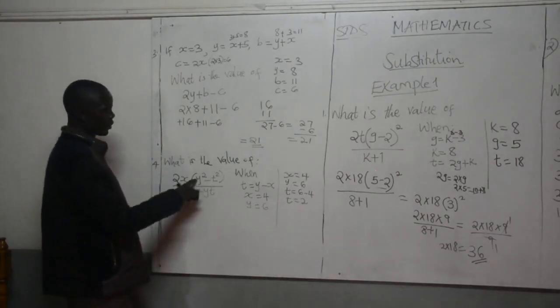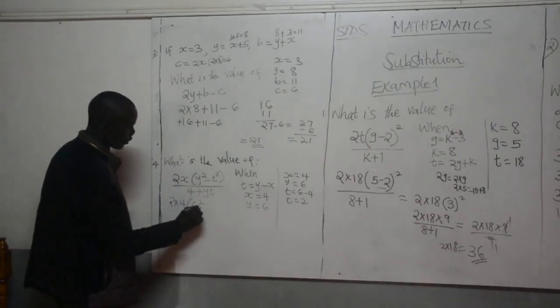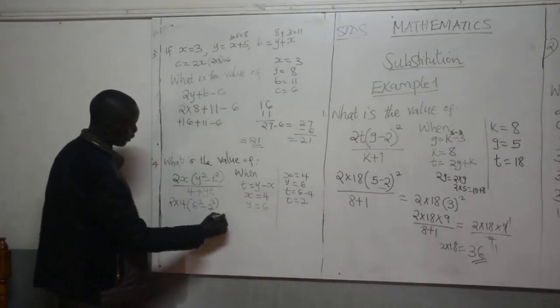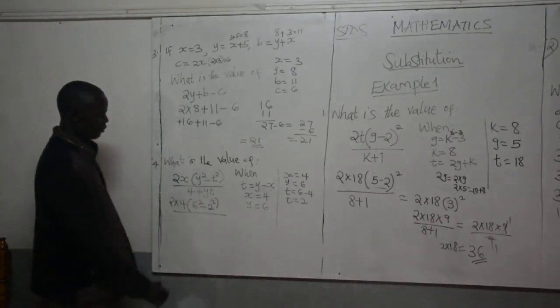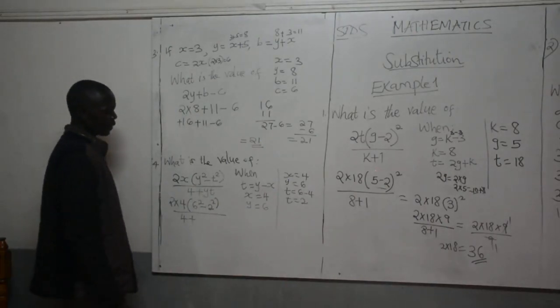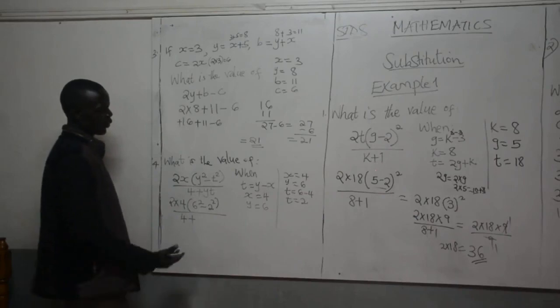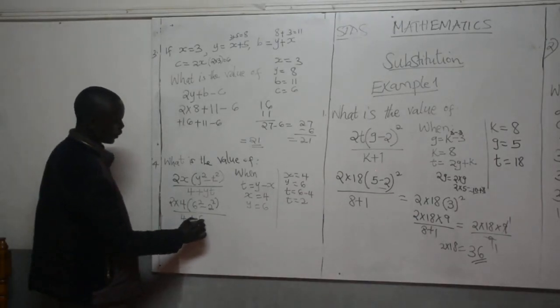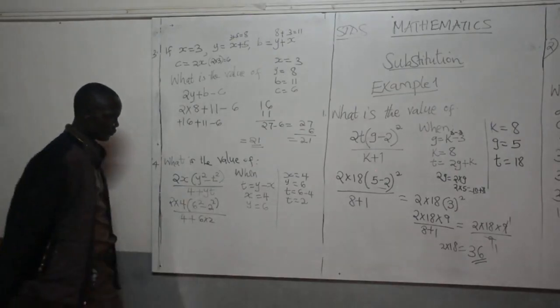This is y squared, that is 6 squared, minus t squared, that is 2 squared. Close the bracket. Then you will also say divide by 4, plus yt. yt, this is y times t. So the value of y is 6, the value of t is 2.